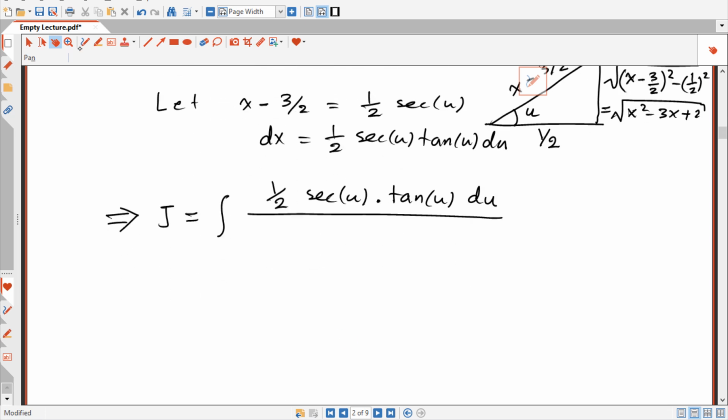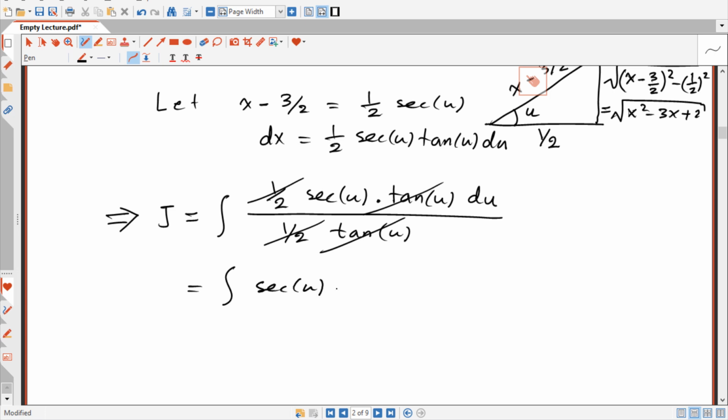So we're left with half tan u. Tan u gets cancelled with tan u, half gets cancelled with half, and then we're left with the integration of secant u du, and this is equal to ln the absolute value of secant u plus tan u.